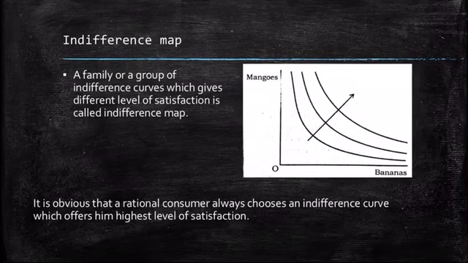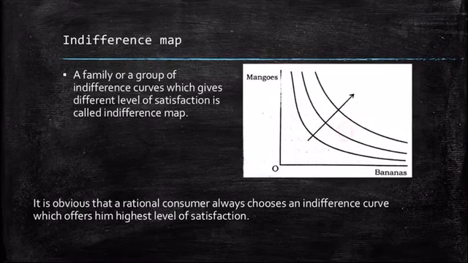While he is moving from one indifference curve to another indifference curve, he will be gaining at least one of the goods more, which makes him get a higher level of satisfaction.